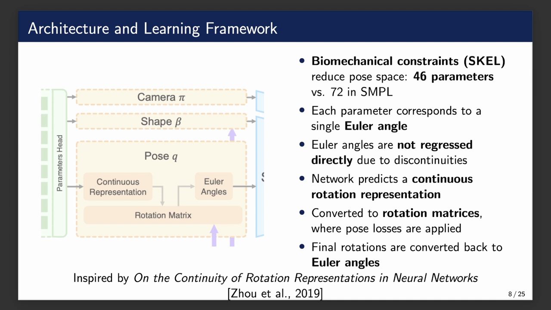Also, the SKEL model takes the joint rotations as Euler angles, but Euler angles as a regression target don't give the best result. So in this paper, they chose to first infer a continuous representation of the rotation, then to convert it into rotation matrices to apply the loss, and finally to convert it into the Euler angles that are needed for the SKEL model.